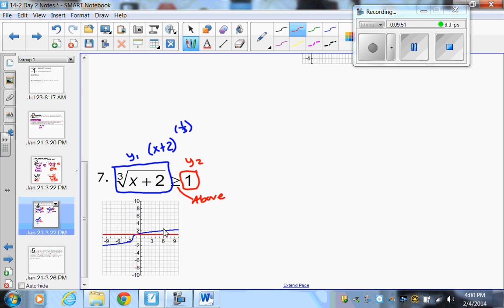If we look, this blue graph is above the red line everything to the right of this intersection. First I'm going to go to second, trace, then intersect, and calculate that intersection point, which happens to be at (-1, 1). It's everything to the right, and right means greater than. So our answer is x is greater than or equal to -1.